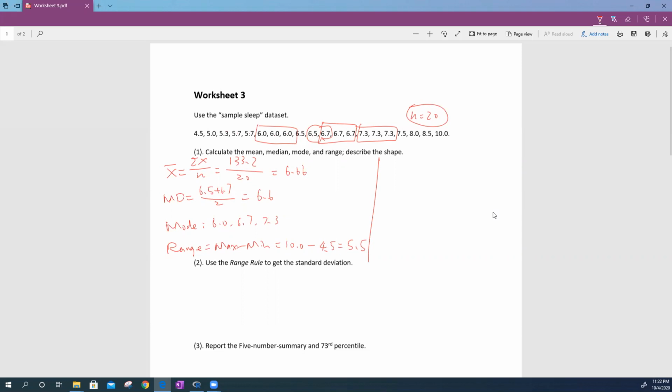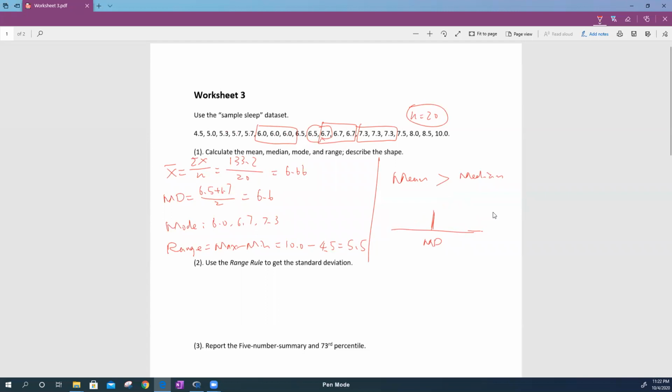And then we want to describe the shape. So basically we want to compare the mean and the median. Since our mean is larger than the median, so that tells us what? The median is right in the middle, and our mean is larger than the median.